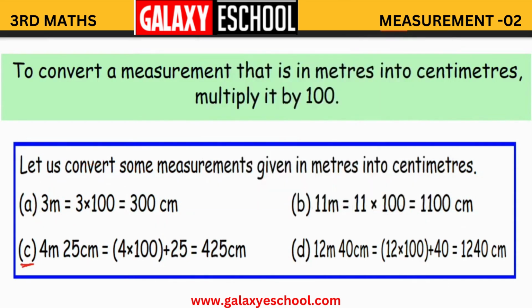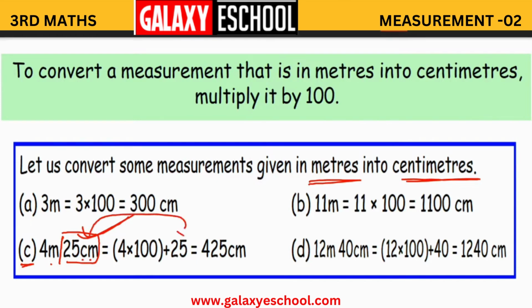Coming to example C, 4 meters 25 centimeters. Here children, what should we do? We should convert the meters into centimeters. Now this 25 here is already in centimeters. Yes, 25 is already in centimeters. So we need not convert it into centimeters.